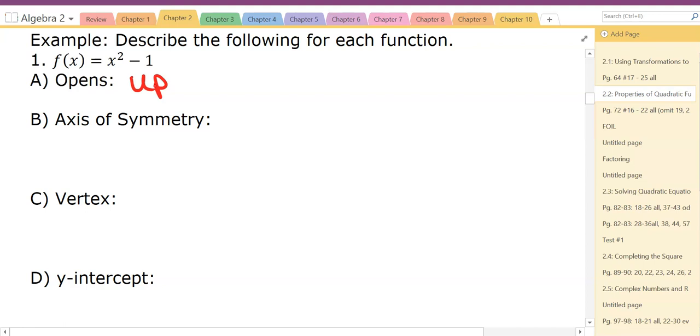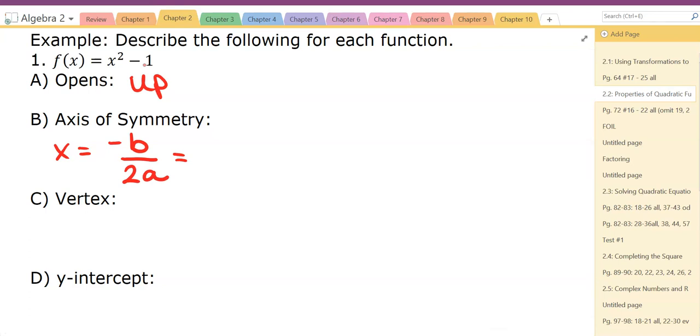For the axis of symmetry then, we do negative b over 2a again. That's why I said in section 1 you're going to use that equation a lot, so it's best just to store it away in your brain somewhere. So our b term would be what's in front of the x term. Since there is no x term, because it goes straight from x squared to a negative 1, that means that your b term is 0.